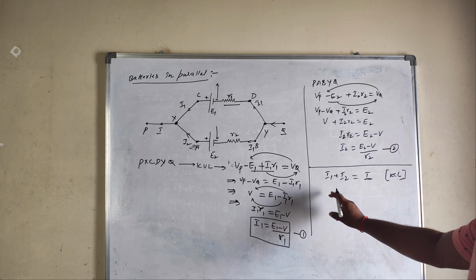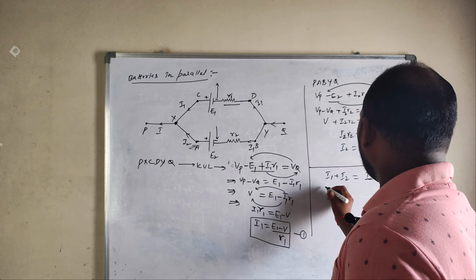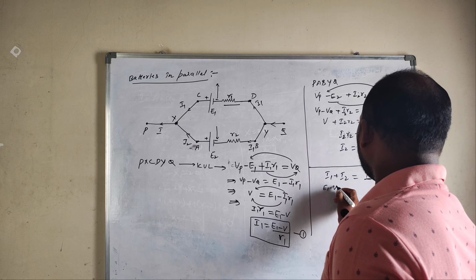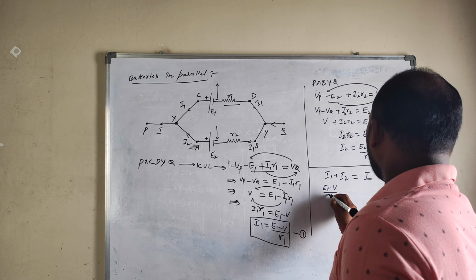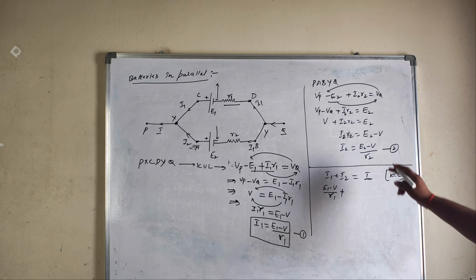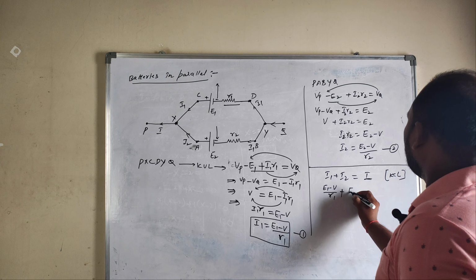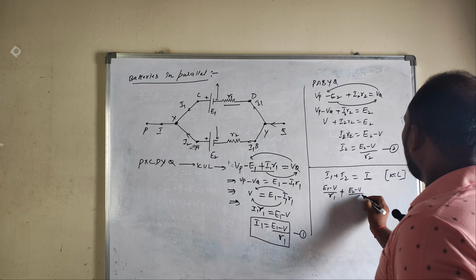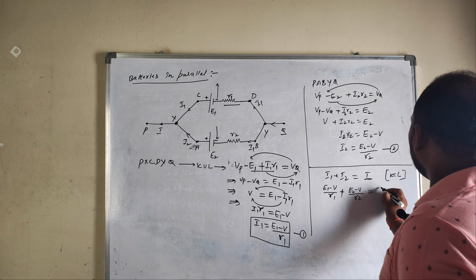So I1, what is I1? Already we derived it: (V1 minus V) by R1. Plus I2, what is I2? Just now derived: (V2 minus V) by R2, is equal to I.